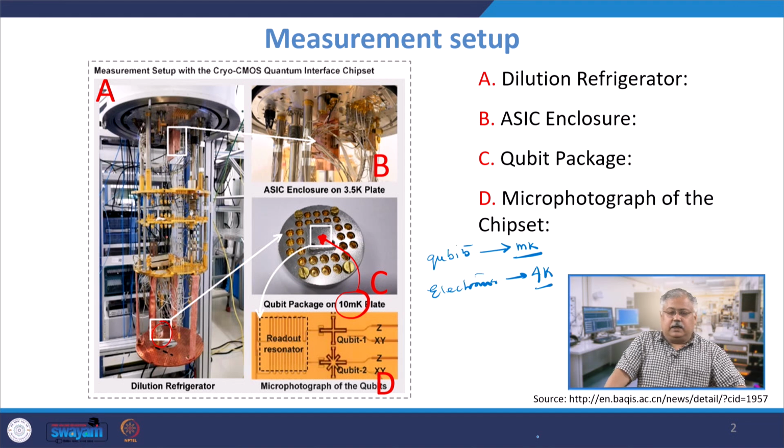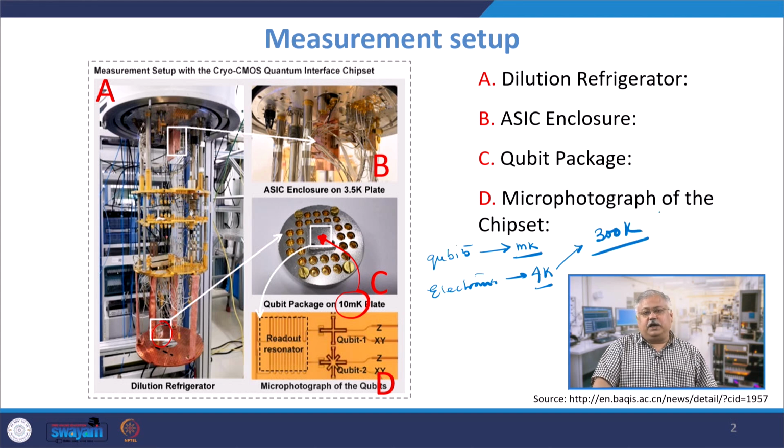Let's do one thing: let's not take care of the electronics and let's push it to 300 Kelvin, right? We placed it in a region which is 300 Kelvin. Now when it says 300 Kelvin, please understand the temperature has risen from 4 to 300 Kelvin, a large increase in temperature, which will therefore result in a large amount of noise, and this is known as thermal noise.